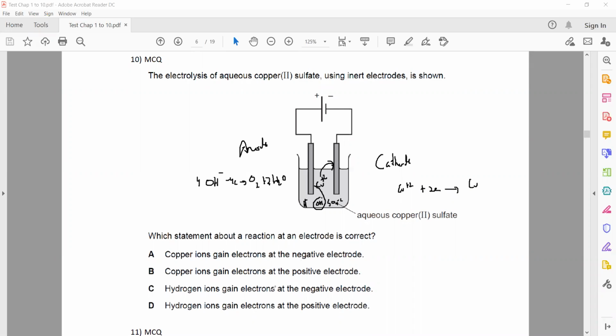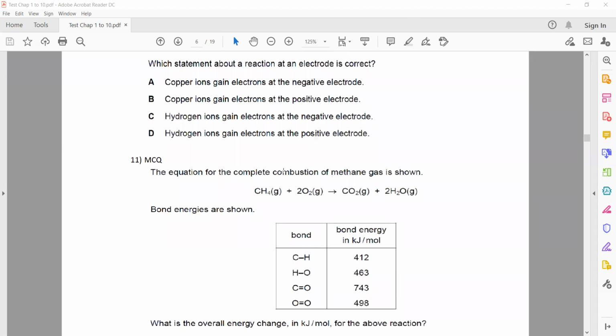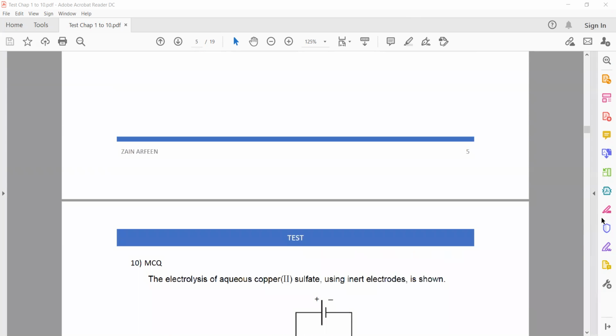So the copper ions gain electrons at the negative electrode and turn into copper atoms. Any other doubt in MCQs from question 1 to 25? This was a test paper.